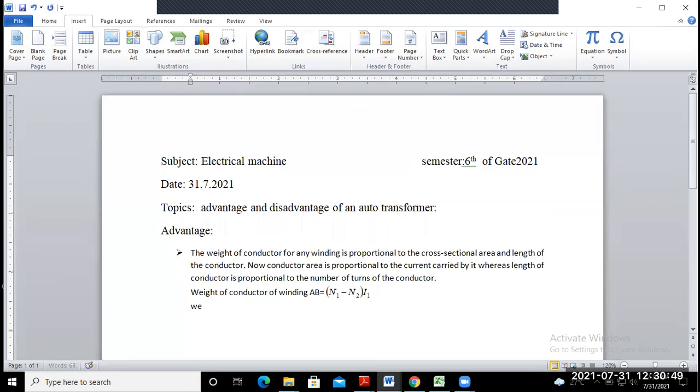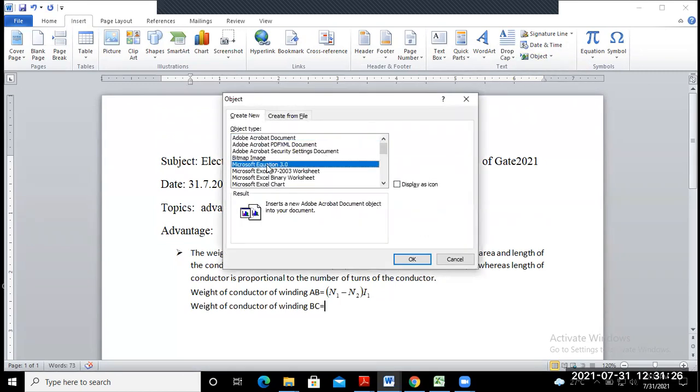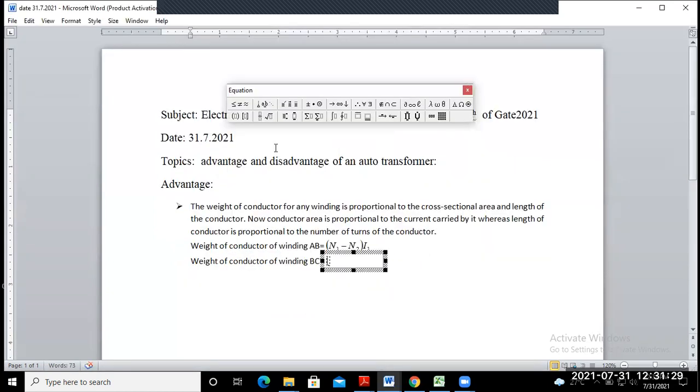So the weight of conductor of winding BC equals (I2 minus I1) into N2.